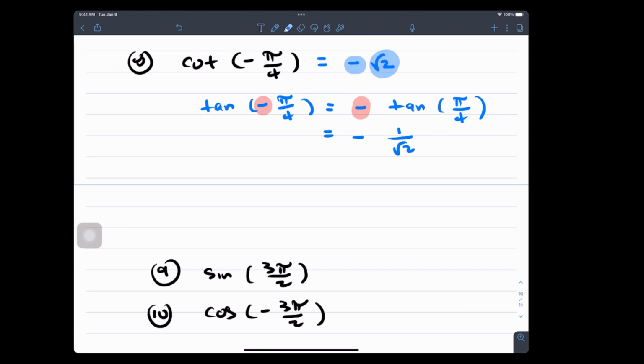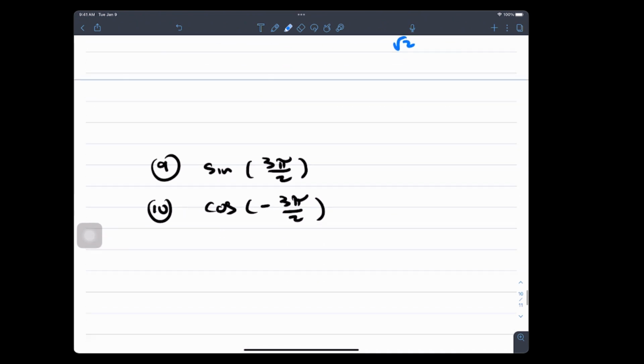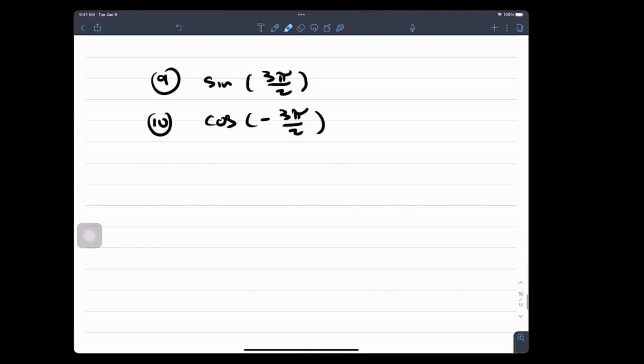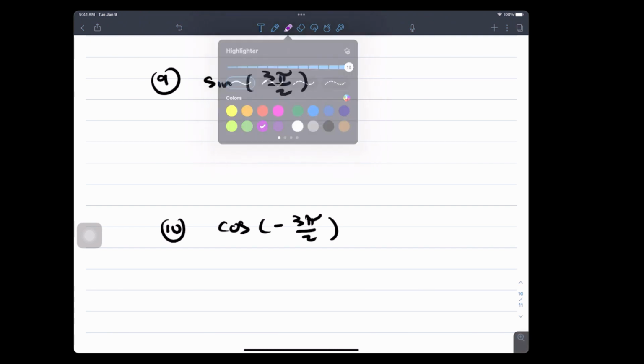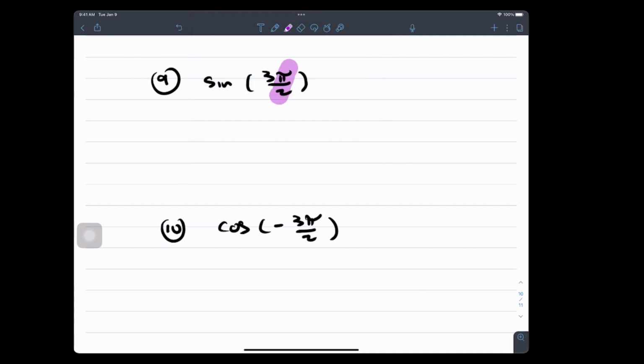What do you guys think? Is that okay? And what did I do with you? What did I do for sine of, what is this? You might say, Mr. Judge, there is no reference angle that's 90 degrees, because isn't pi over 2 90 degrees? Then 3 times 90 is what? Isn't that 270 degrees?